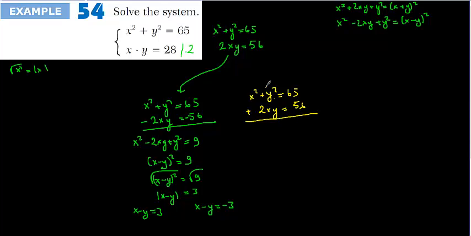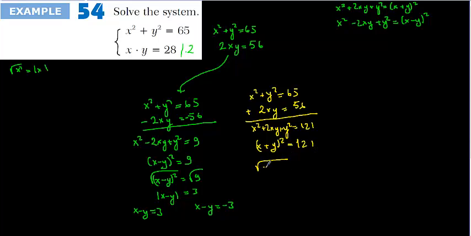And when you add them side by side, x squared plus 2xy plus y squared is going to be equal to 65 plus 12, it's equal to 77. 5 plus 6, it's equal to 121. So the answer is going to be x plus y parenthesis square is going to be equal to 121.